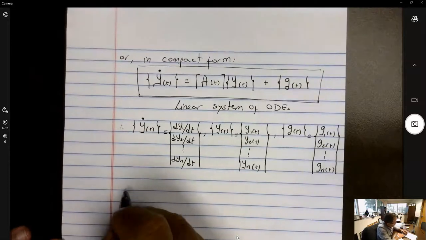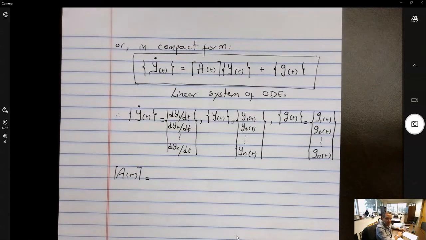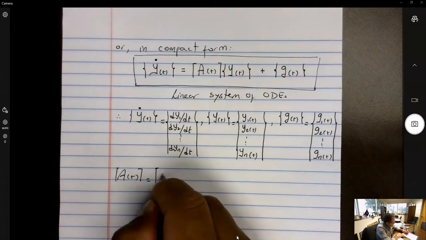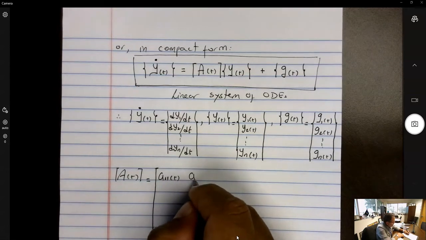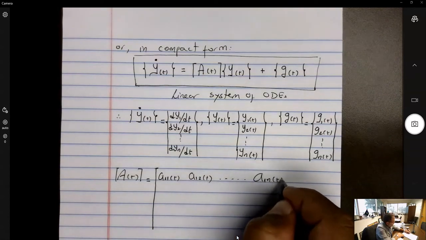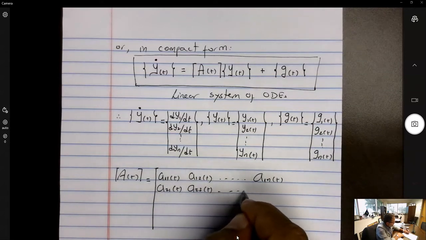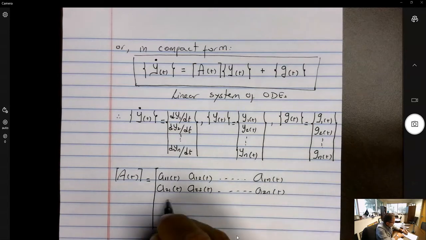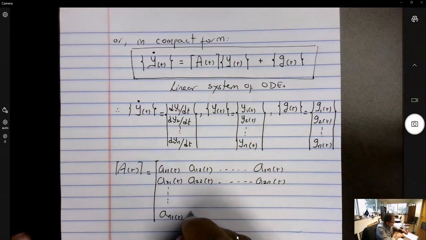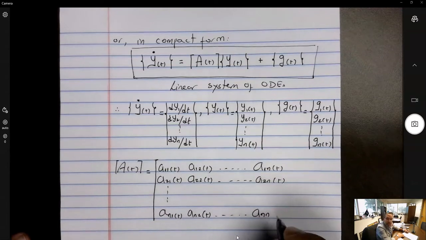And the matrix A of t is the matrix of coefficients, which we're denoting to be variable coefficients. It could be functions of time. These are A11 of t, A12 of t, all the way to A1n of t, A21 of t, A22 of t, all the way to A2n of t, an1 of t, an2 of t, all the way to ann of t.